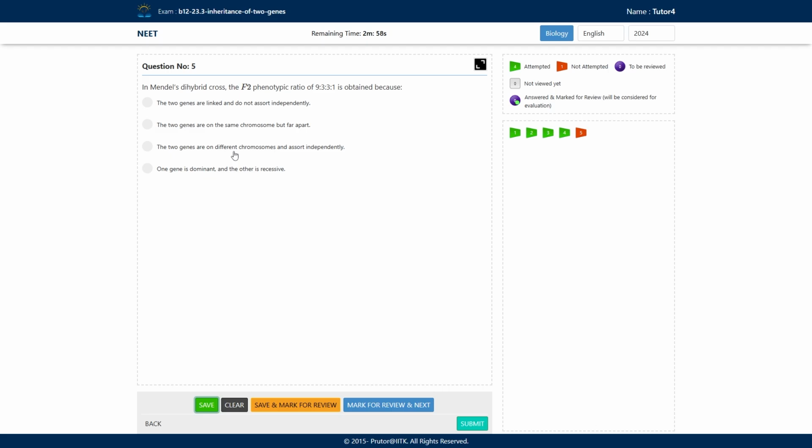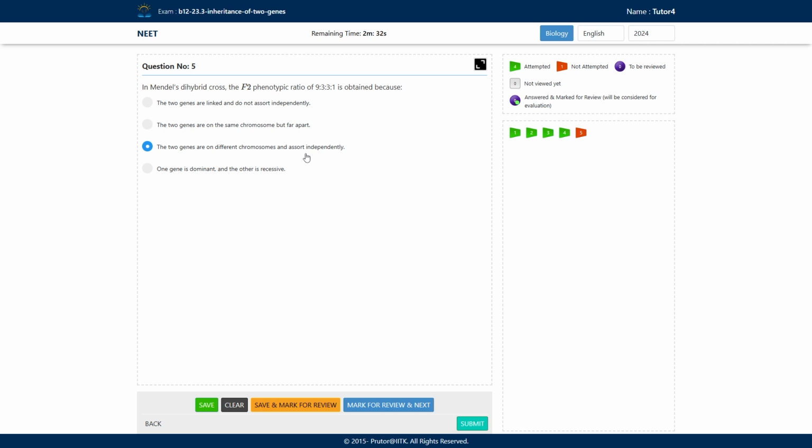Okay, the correct answer here will be option number C. The two genes are on different chromosomes and assort independently. Then the 9:3:3:1 ratio is observed. When there is linkage, then there is a deviation from this ratio. So when the genes assort independently, and when they are present on different chromosomes, then you get this phenotypic ratio 9:3:3:1.